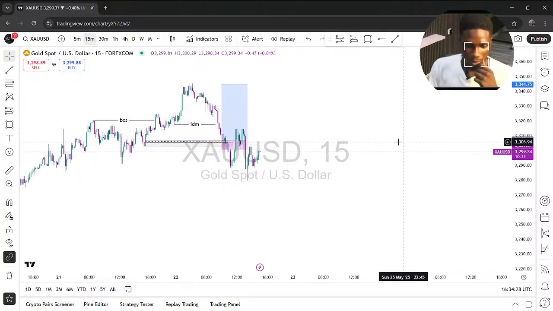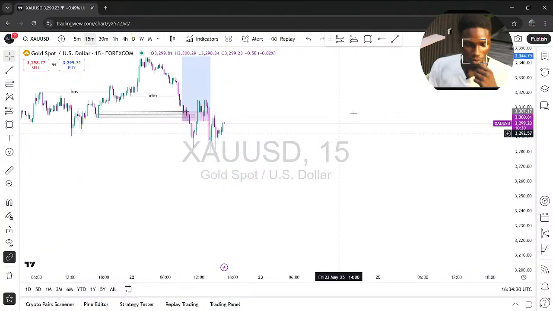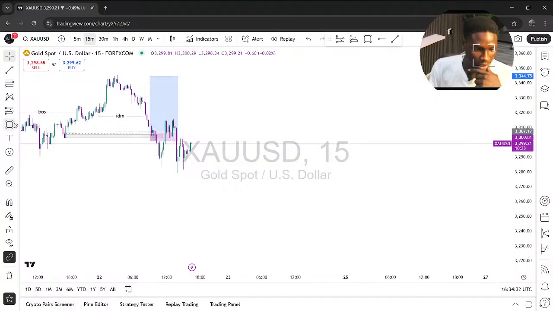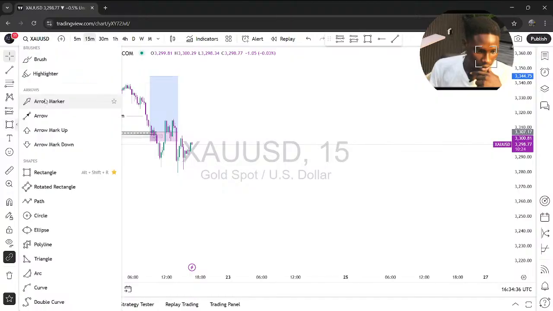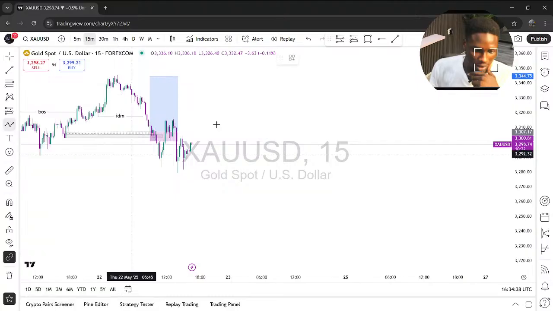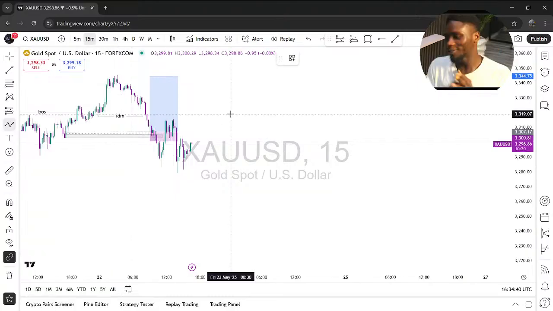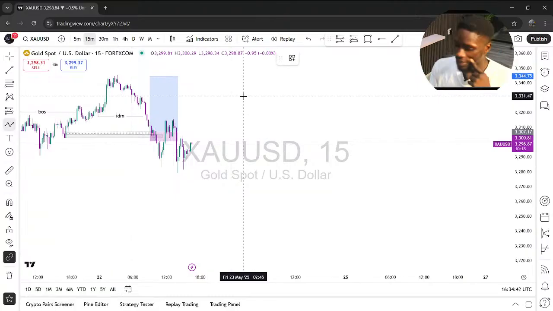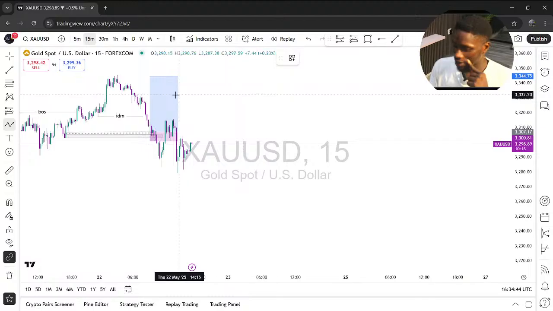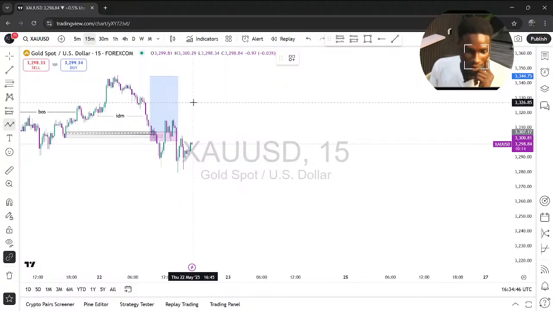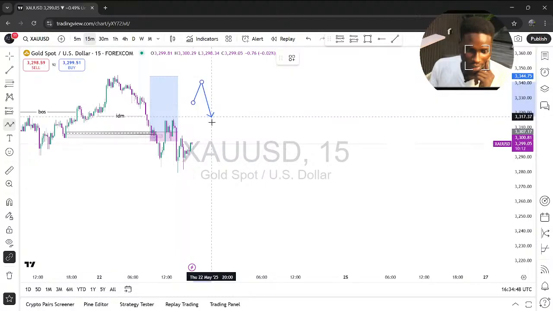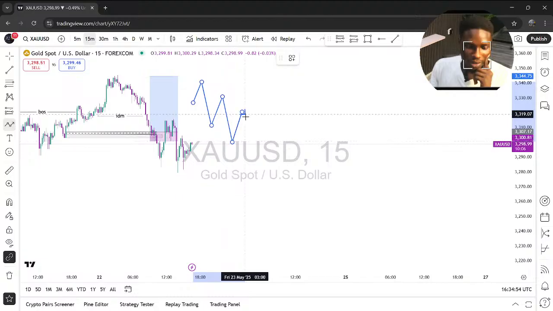Yesterday I began to show us how price moves, and I gave us certain rules for marking out our structure. I'll follow on with the downtrend, and I was telling us that should price form a high, a swing low, a swing high, we don't just go ahead and say this is a lower low.